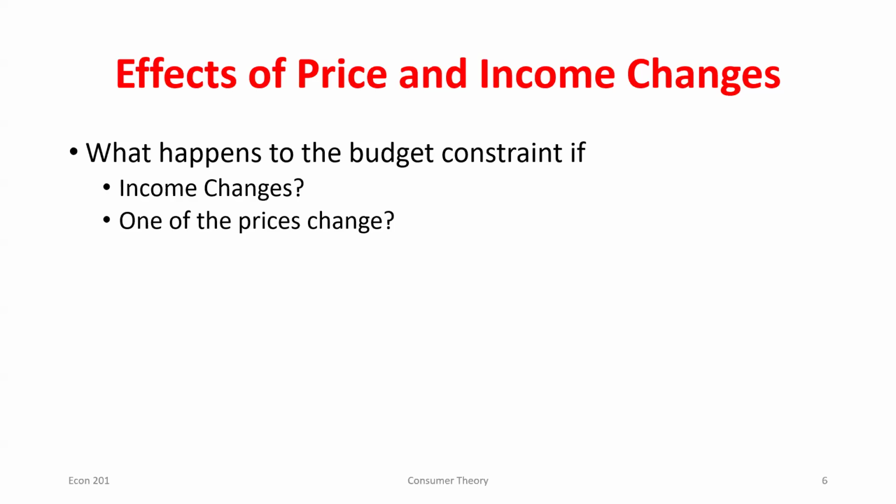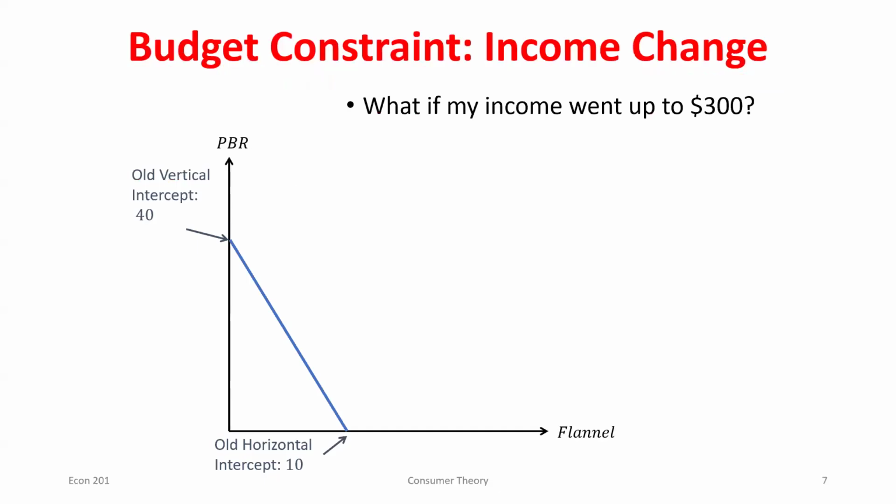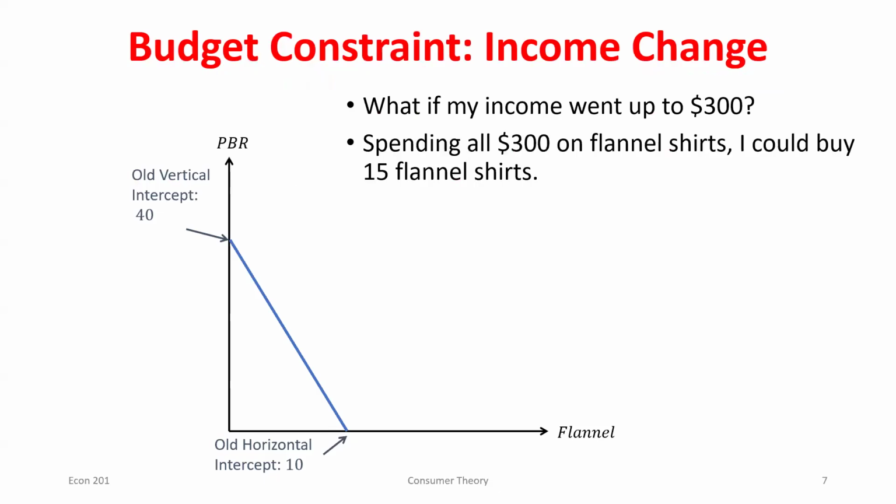Now, what if I have a price change? That's just a little bit trickier to think about. So we'll first think about, here was our original budget constraint. This is the example we've been running with. What if my income goes up to 300, right? Goes up by $100. Well, if I'm spending all of my money on flannel shirts, I can now buy a total not of 10, but how many?